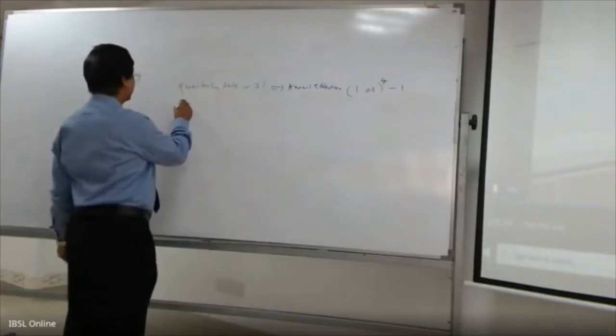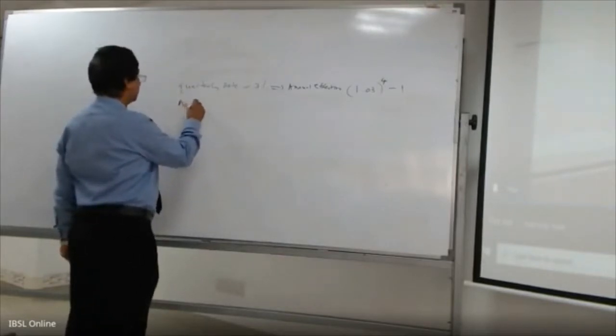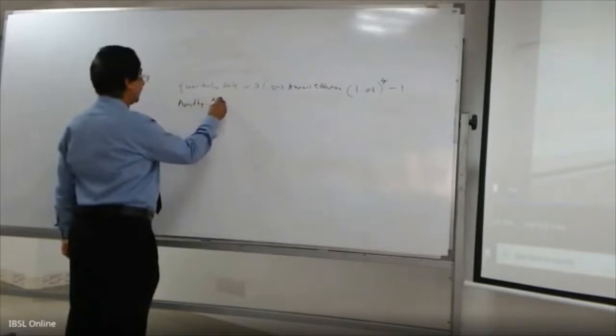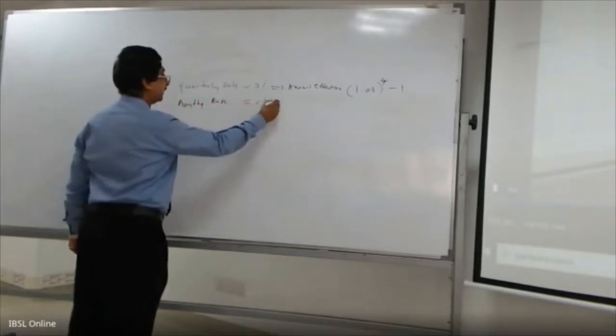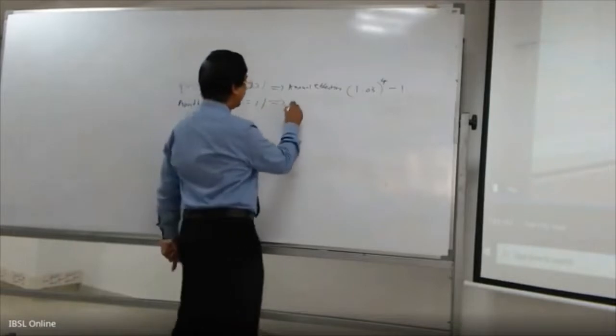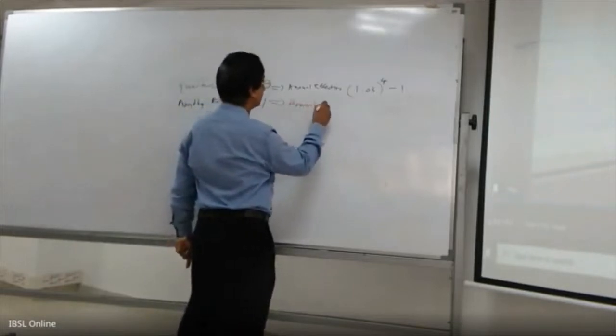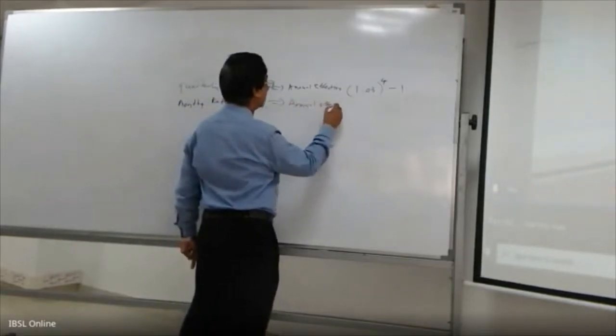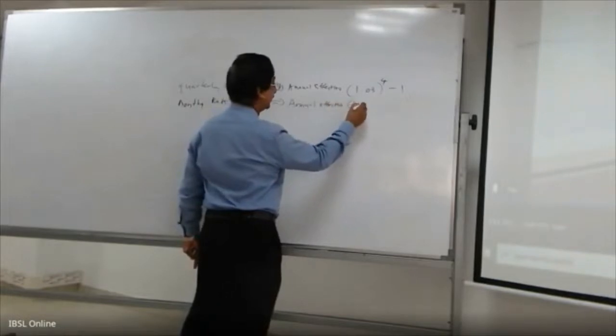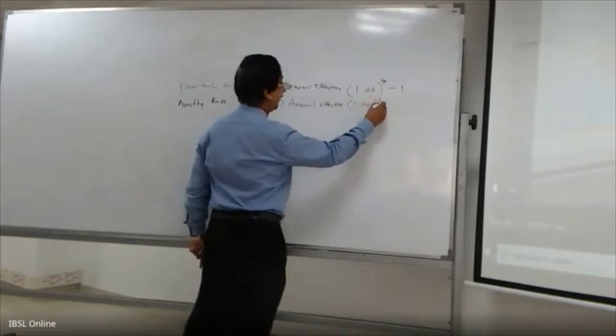Monthly rate, say 1%. Annual effective is 1.01 to the power 12 minus 1.